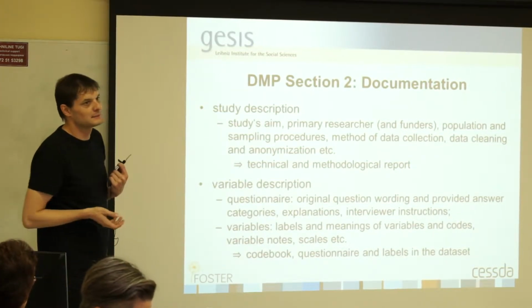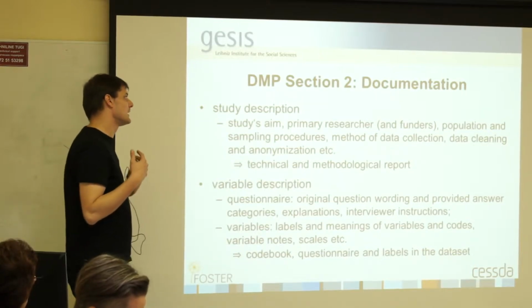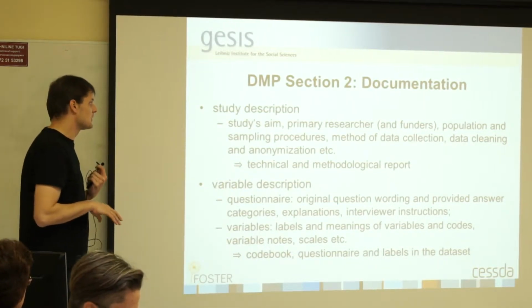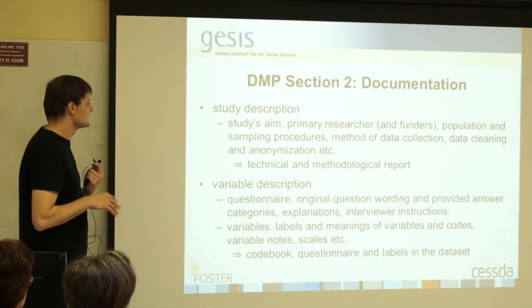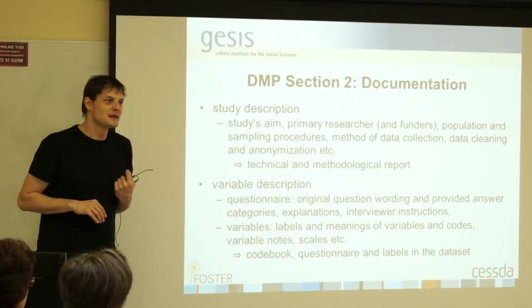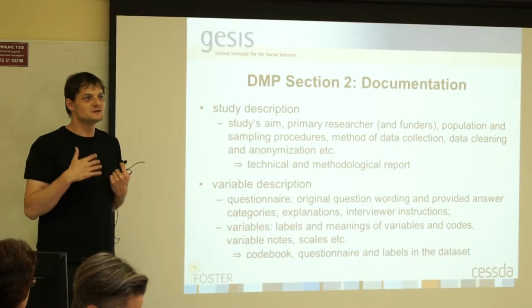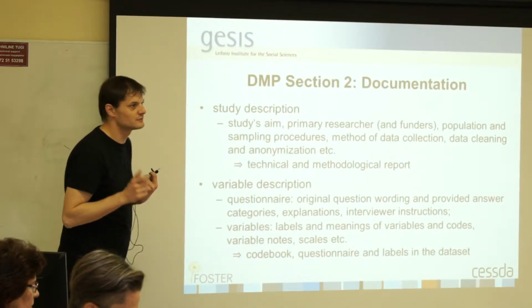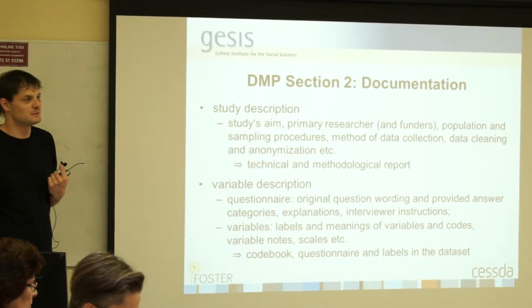So think about the aim of the study, who you are, by whom you're funded, the population you sampled, the underlying population overall, the method of data collection, data cleaning, and anonymization. And you might do so, of course, using metadata standards like DDI, which exactly tells you what kind of information is needed and where this information should be put.